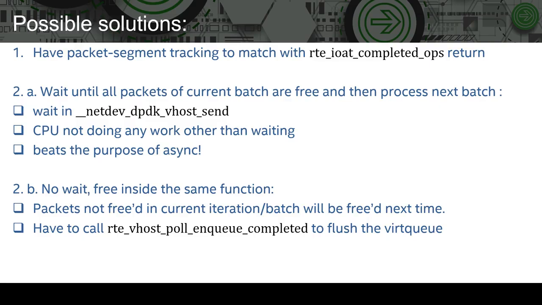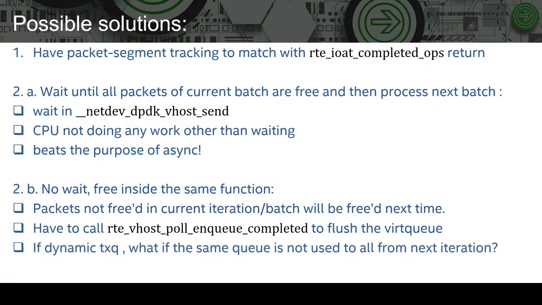So if not many packets are freed by the next iteration, we could run into the vring queue and DMA ring being full. Also, the packets sent in the last iteration would not be freed at all. Moreover, in case of dynamic TXQs, what if the same TXQ is not at all used from the next iteration?